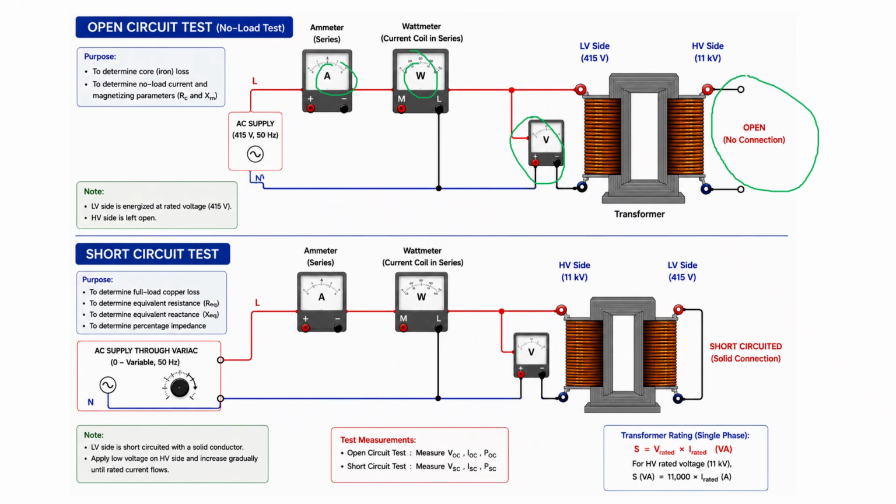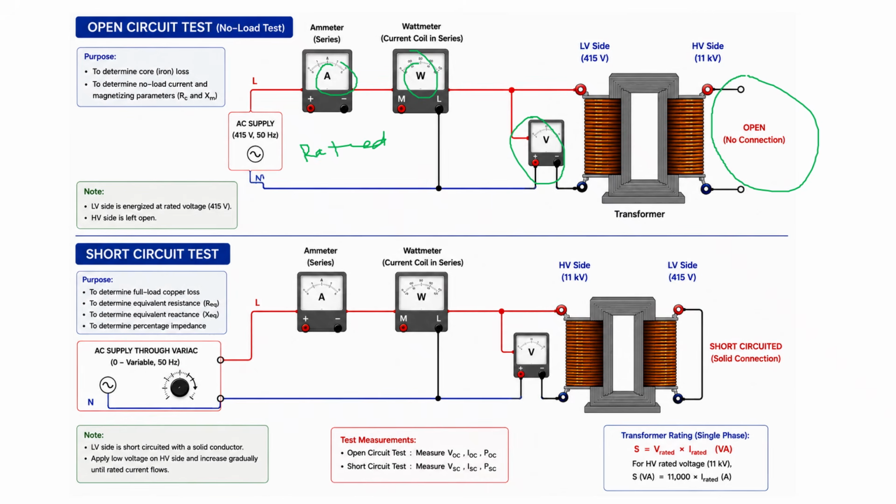But for the case of short circuit, the voltage will be applied to the high voltage side. All components, current, voltage, and the wattmeter will be used, whereas the low side will be short circuited. So for open circuit, we apply the rated voltage and measure the current, and from that we calculate the core components.